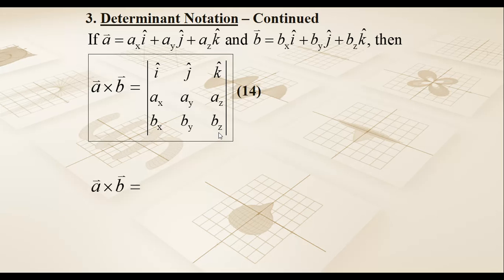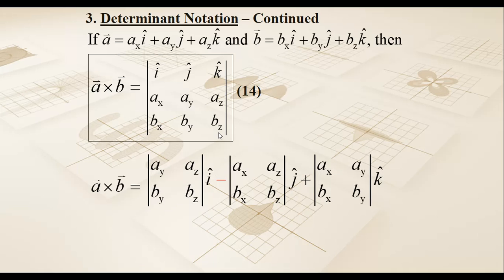So A cross B would be the determinant of AY, AZ, BY, BZ times special unit vector i, minus the determinant of AX, AZ, BX, BZ times special unit vector j, plus the determinant of AX, AY, BX, BY times special unit vector k.